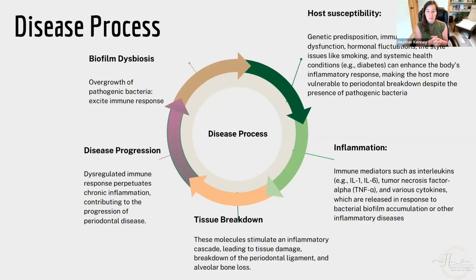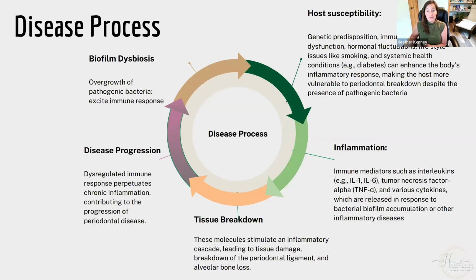What causes susceptibility within a patient? We could have a genetic disposition, immune system dysfunction, hormone fluctuations, or lifestyle issues like smoking and drug use. We could also have a systemic condition like diabetes that can enhance the body's immune system response, making that host more vulnerable to the pathology in the mouth that leads to disease and inflammation.